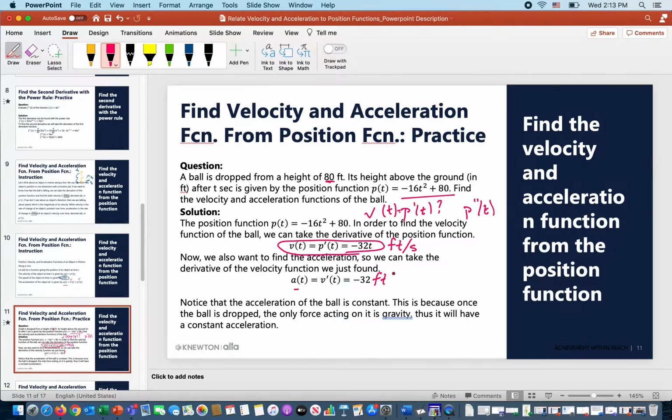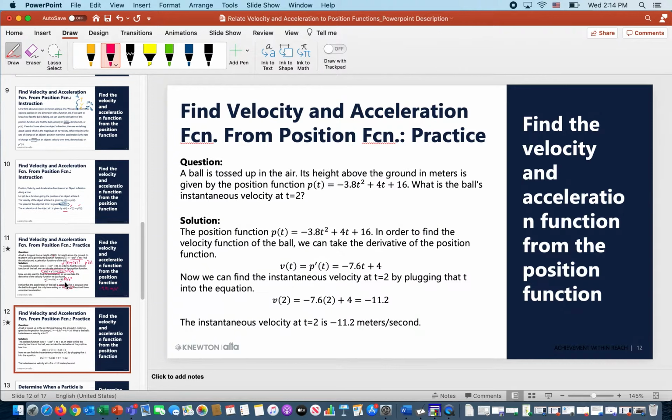The acceleration is feet per second squared. By the way, this is a constant due to gravity, and it's in feet per second squared. If we're working in the metric system, typically we refer to gravity as 9.81 meters per second squared, just in case that comes up a little bit later.